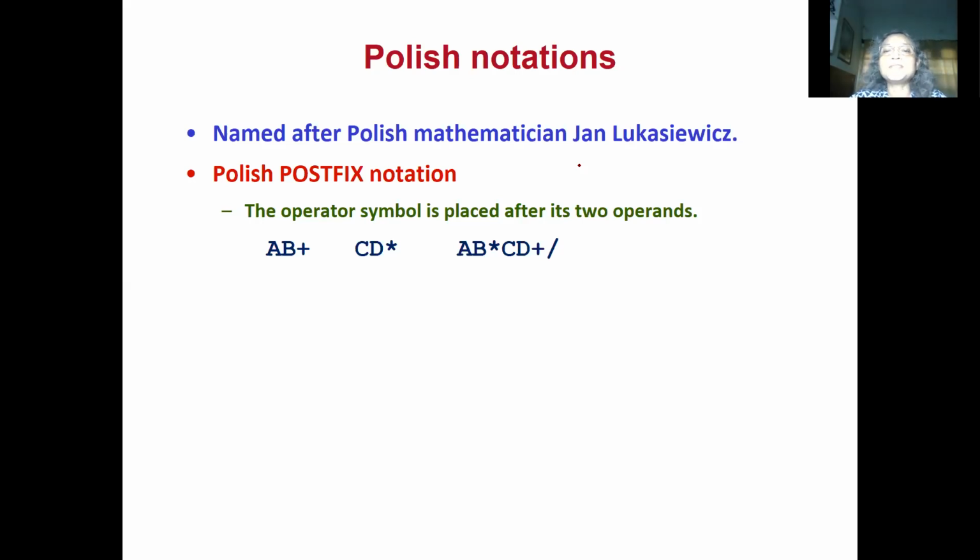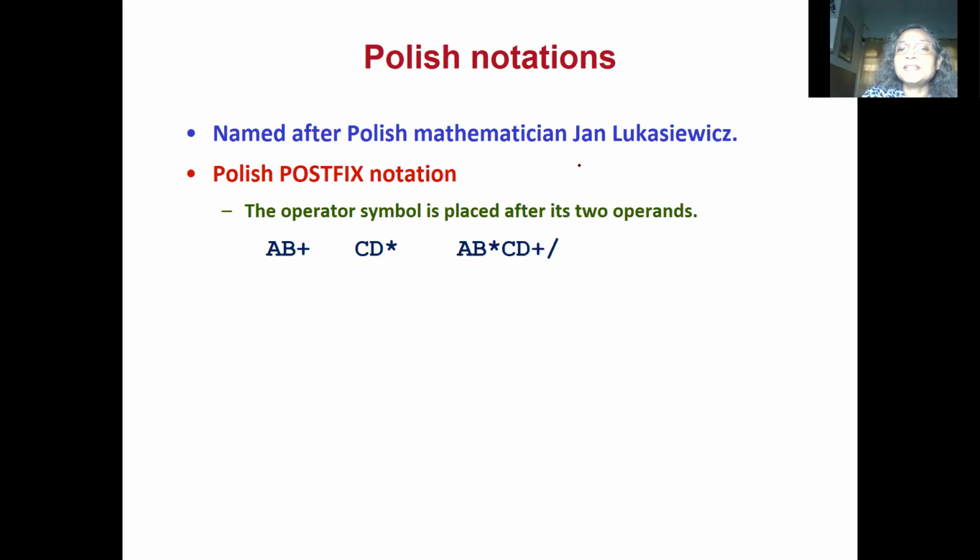Now, how is postfix evaluation done? You take a postfix expression such as a b plus or a b plus c star. These are examples of postfix expressions. And this algorithm tells you how to evaluate it.